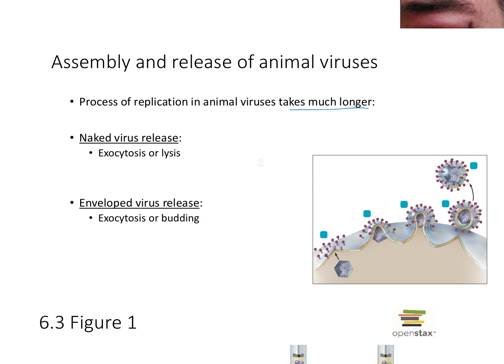For animal viruses, it's more like 24 hours. So we get a much longer lag period until we get a release. And oftentimes, the release is a much slower release because animal viruses often have a membrane. There are 3 different kinds of release mechanisms.